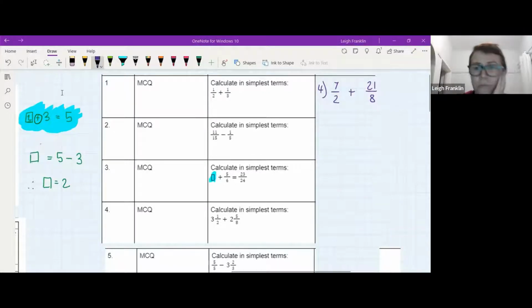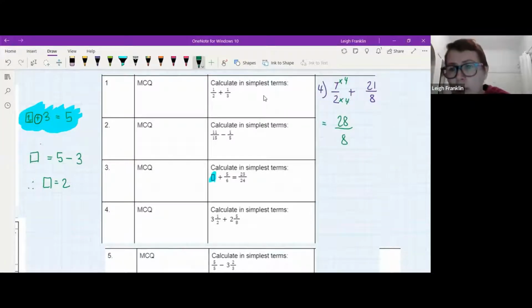So 8 would go into itself once and 2 would go into 8 4 times. Nice. So we're going to times that one by 4 and that one by 4. So our first fraction is going to end up being what over 8, Devon? It is going to be 28 over 8. Lovely.